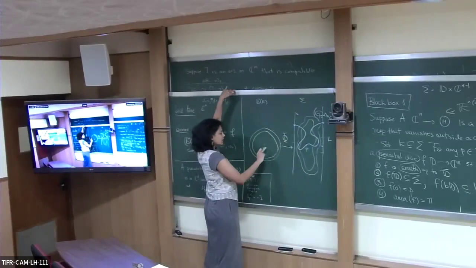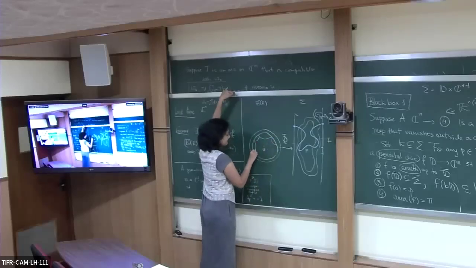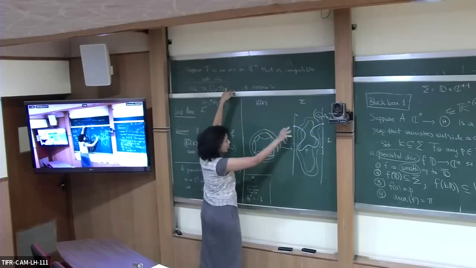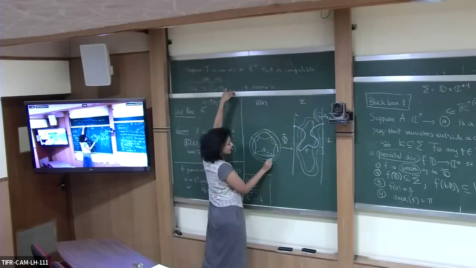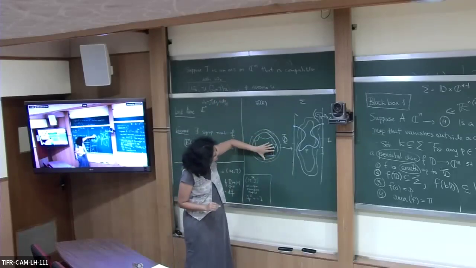So what may happen is that because of this entry and exit, you may get something, so when I pull it back, so the whole thing is some sort of a disk. Okay, so it could happen that in the end, when it goes outside, it's kind of attaching in a nice way outside. And here it maybe is just looping up by itself. But I'm only interested in the portion that is going to intersect this yellow ball.